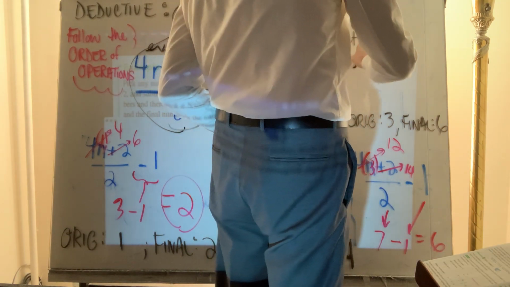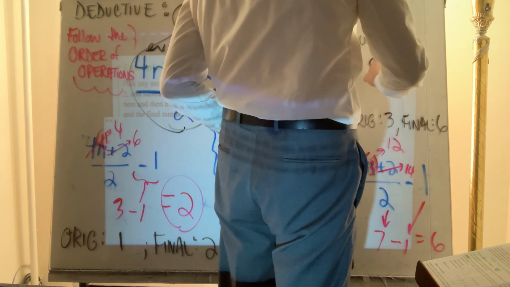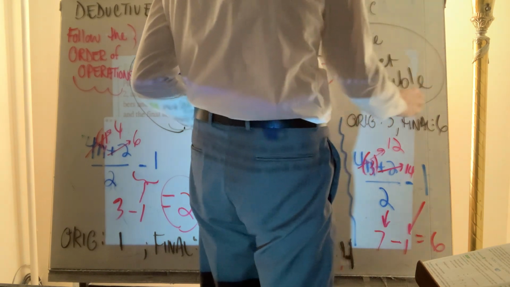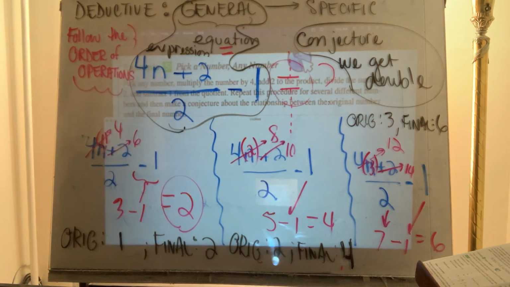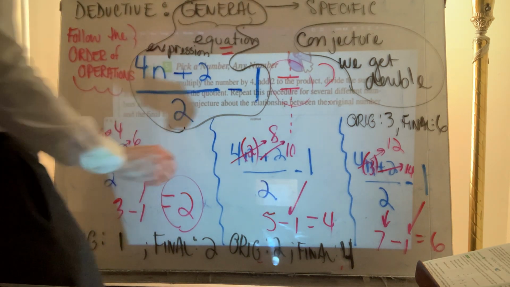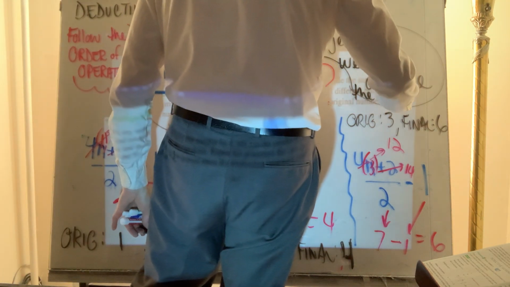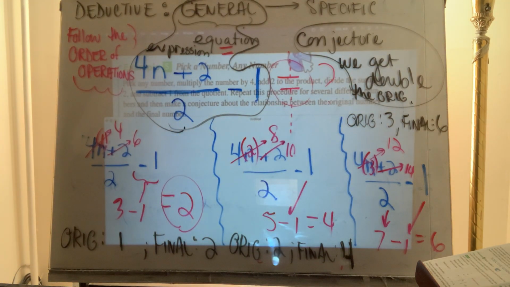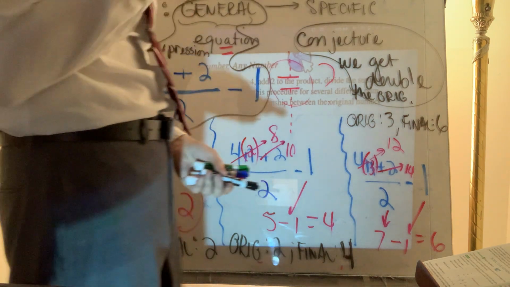To summarize, we get doubled. There's a more eloquent way to say that, but that is essentially what's going on here. The conjecture is we get double whatever the original was, as a result of this multi-operational process.